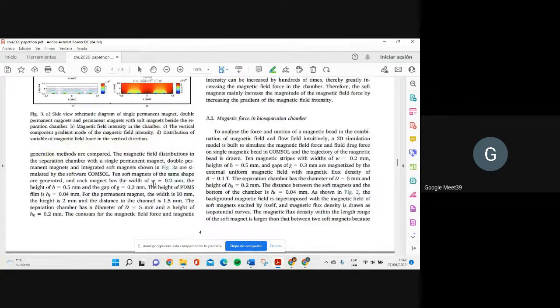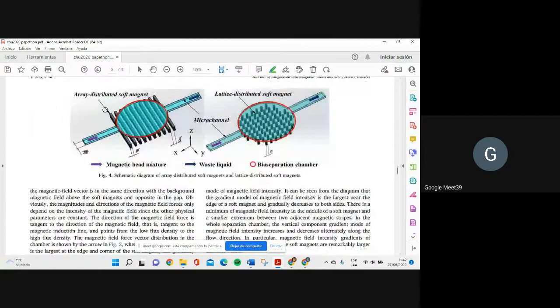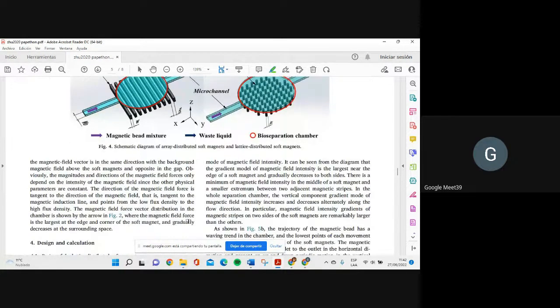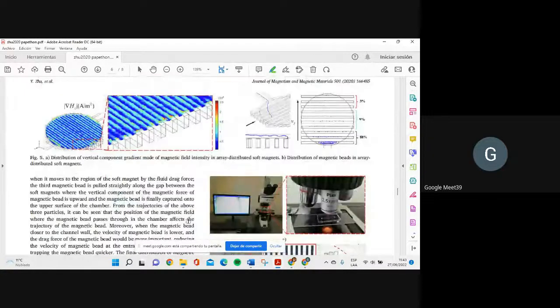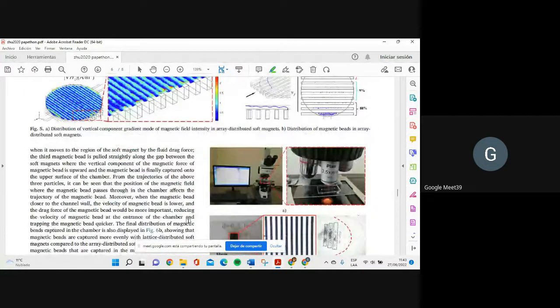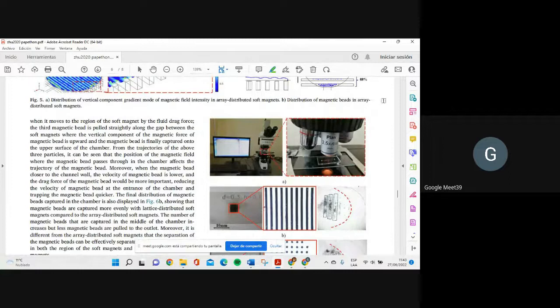They tested two distributions. One was like this, in blocks, and this one was little columns. When they did simulations and experiments, they saw that with the bars they have a worse distribution. In general, the beads accumulated at the edge of the bars.